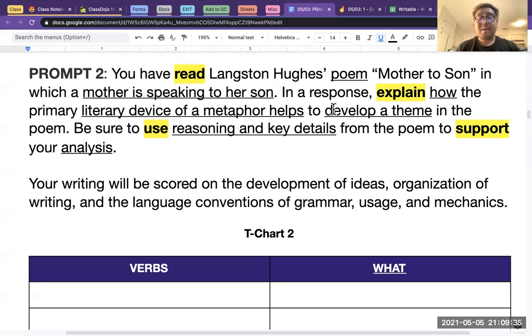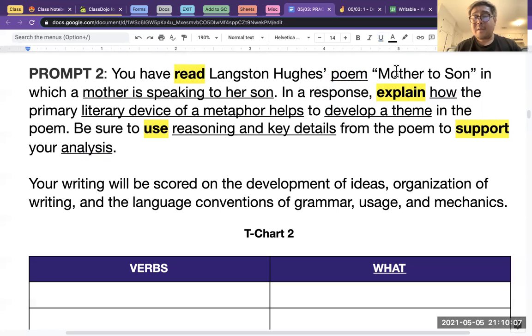Now, tricky prompt, right? However, this is an informational prompt. The text itself is not informational, right? If you remember, I said that you're about to read Langston Hughes' poem, Mother to Son. I underlined the word poem because that tells me that I'm about to read a narrative, a made-up story in the form of a poem.